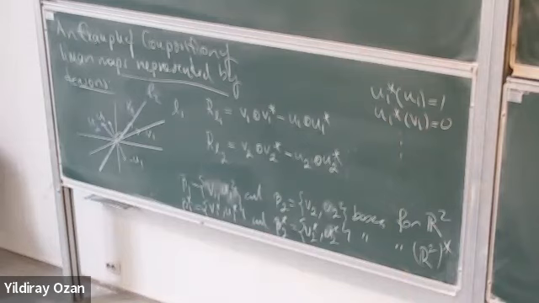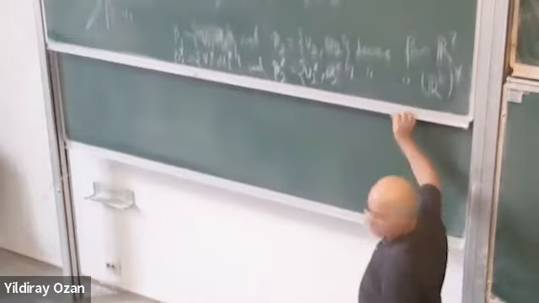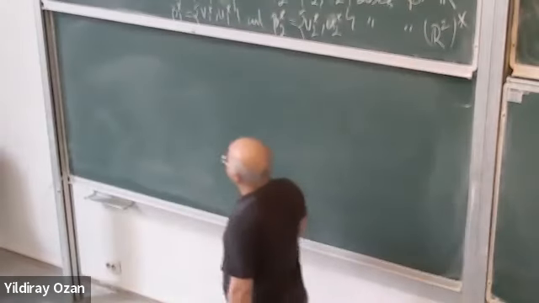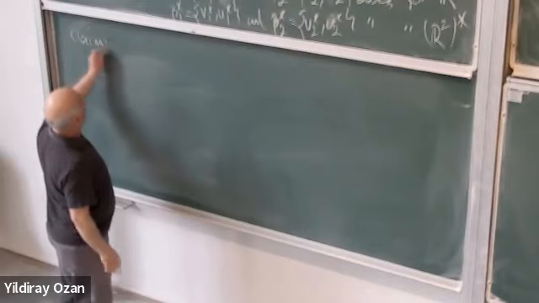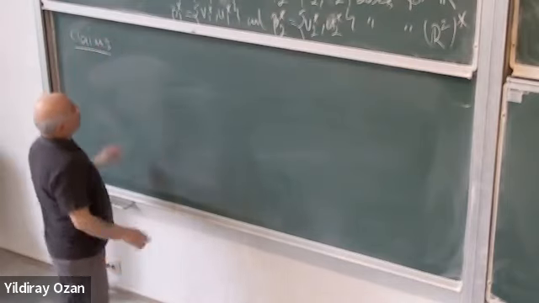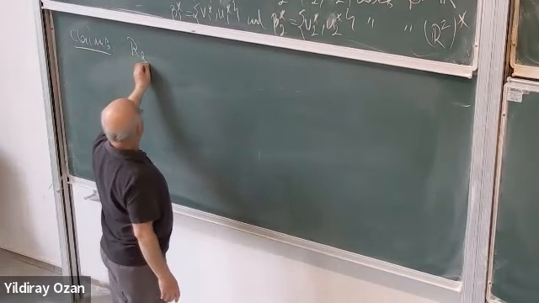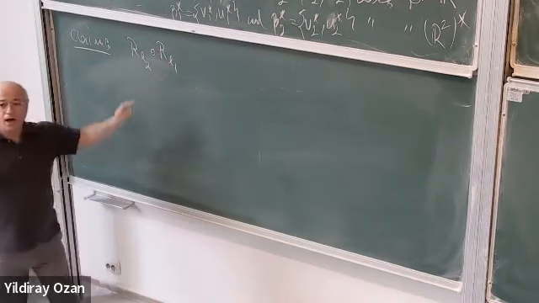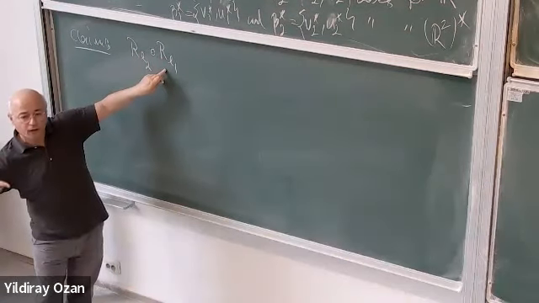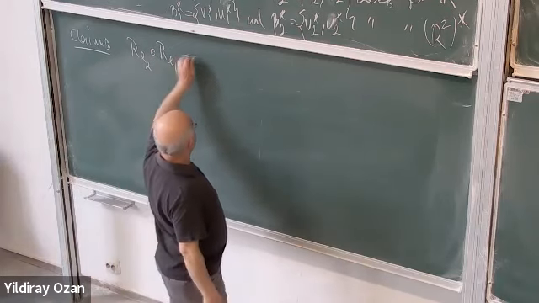Okay, now my claim is the following. My claim is this. The composition of these two, R L2 after R L1: if I first apply reflection with respect to L1 and then reflection with respect to L2, this is a rotation.